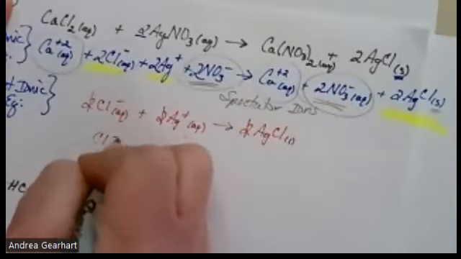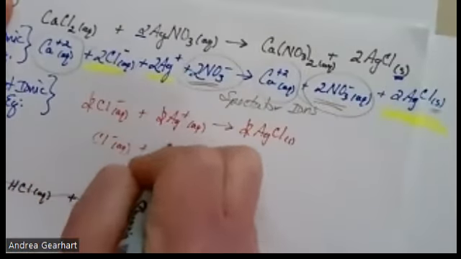We would write two chloride, and it doesn't matter the order, just as long as these are both on the reactant side, to make two silver chloride insoluble solid. Now, I must say, we know that we want these to be in the lowest whole number ratio, so these all would reduce to a coefficient of 1.